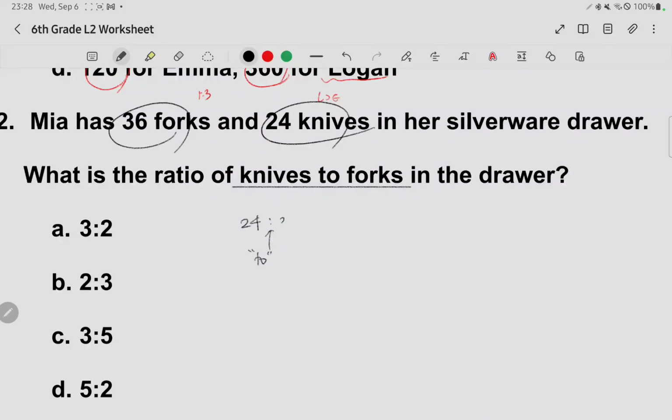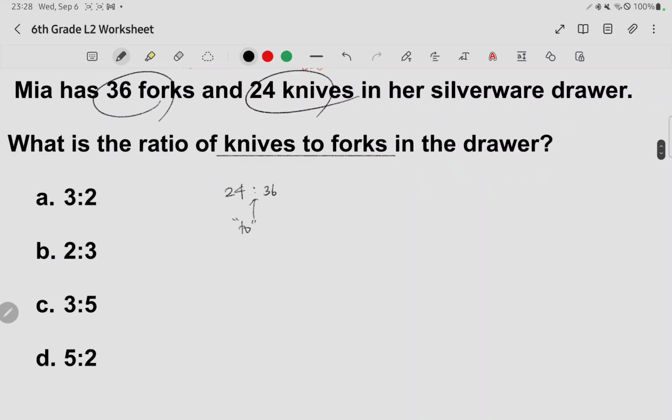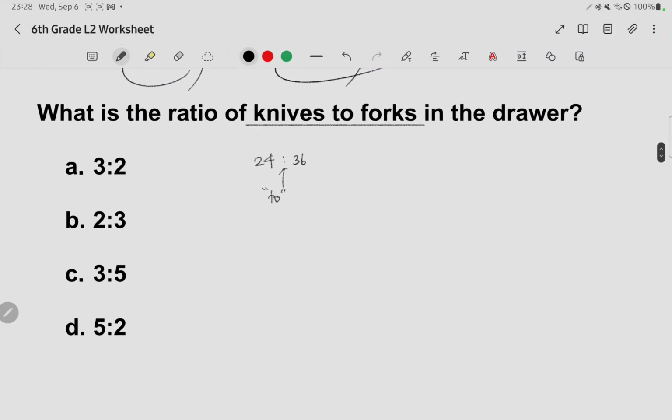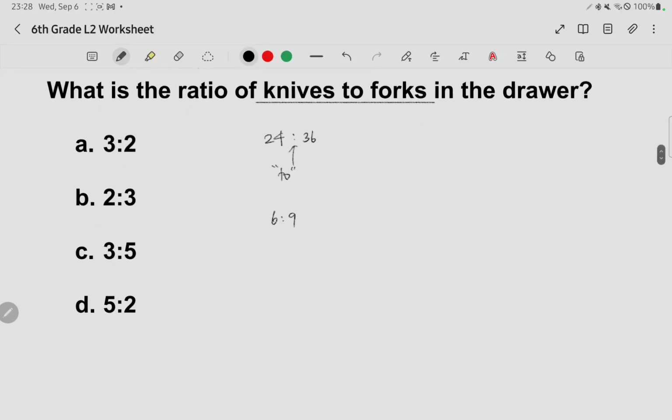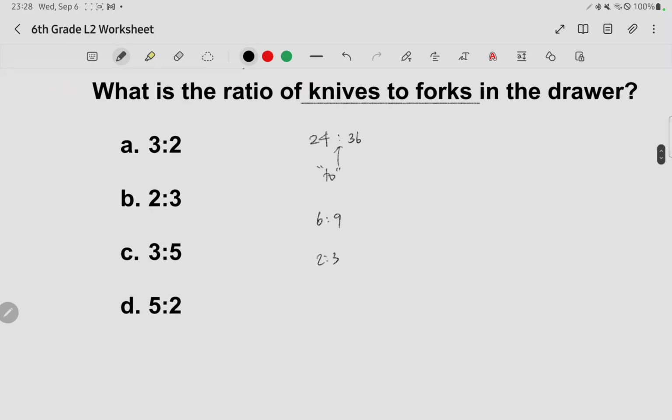And then she got 36 forks. Now we're just gonna simplify that. I can see if we divide by 4, we get 6 to 9, right? And if I divide by 3, I get 2 to 3. So the correct answer is gonna be B again.